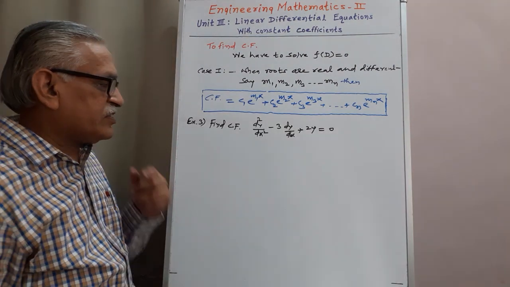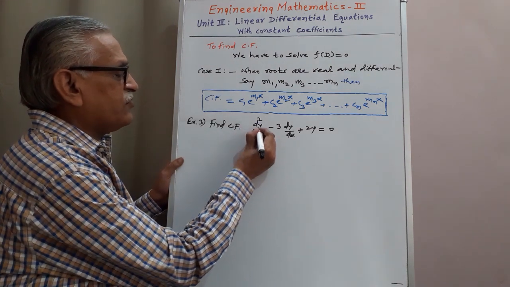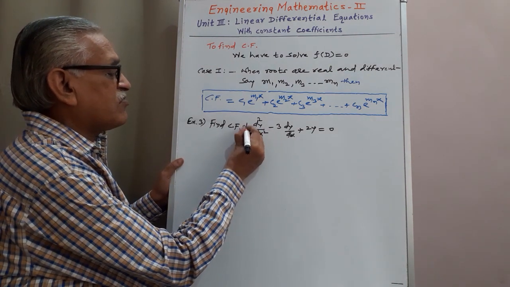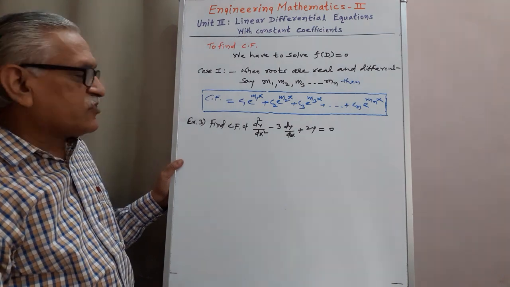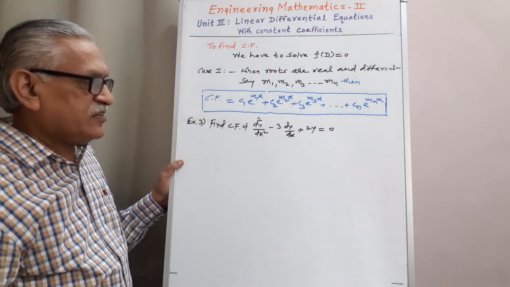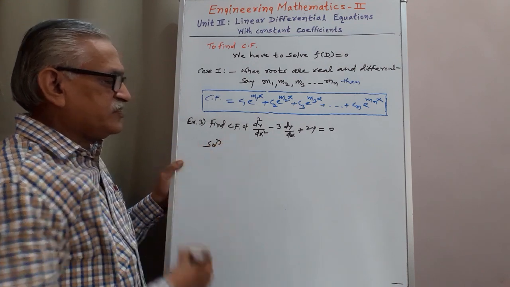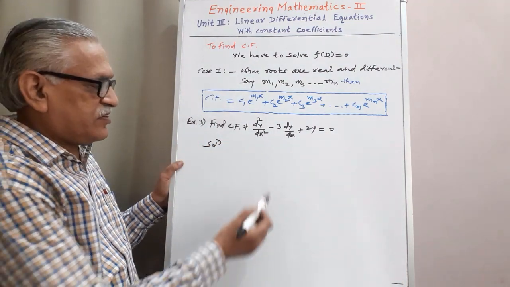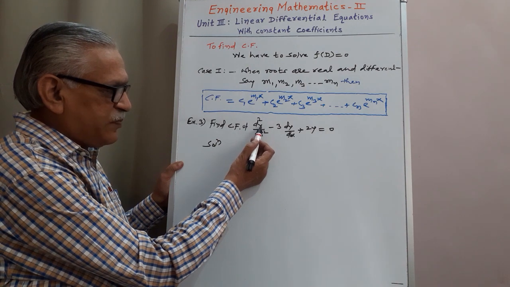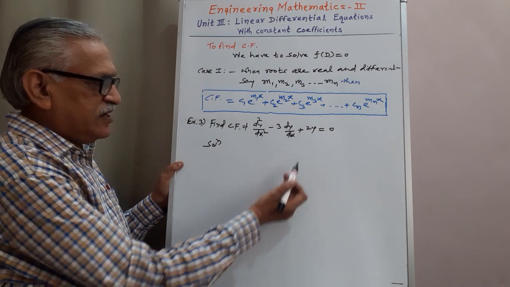Find complementary function of equation d2y by dx square minus 3 dy by dx plus 2y equal to 0. We have here a second order linear differential equation in y, with y as dependent, x as independent.